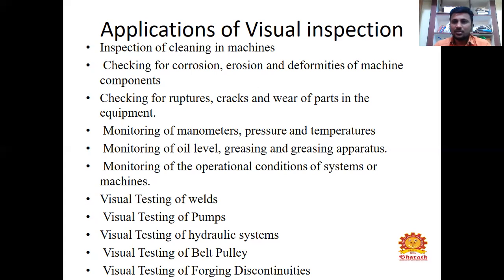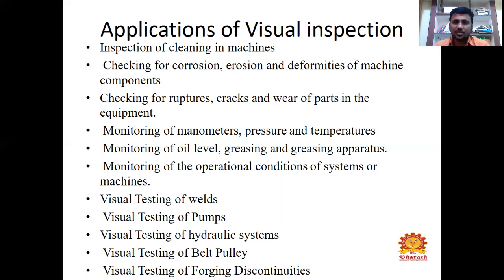Then visual testing of pumps, whether it is working or not, whether the water is flowing or not. We need not use any equipment. Directly we can check whether the water is flowing, whether any leakages are there, or any cracks have happened in the pipeline. We can find that using this testing method. Then visual testing of hydraulic system: whether any leakages have happened in the pipelines, we can find out by the visual inspection method.